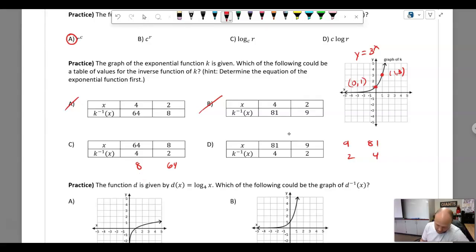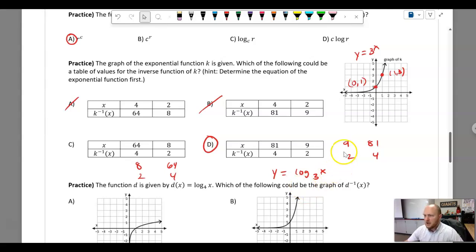So that should be a 2. 64, 2. So answer here is going to be D. D is y equals log base 3 of x, the inverse. You go ahead and multiply the inputs in order to gain an output. And obviously there's a value missing in here. 27 would give you 3.